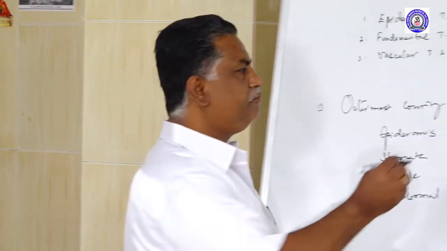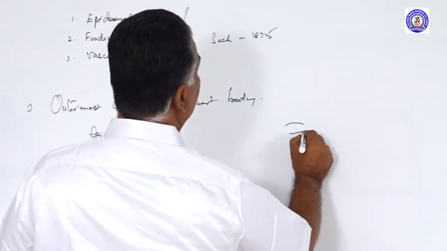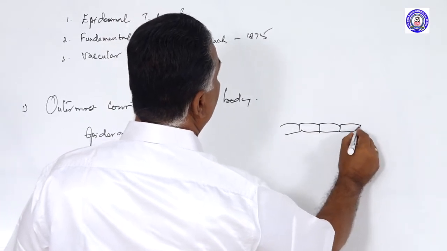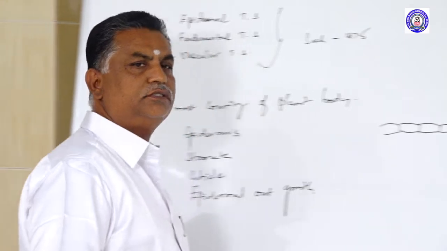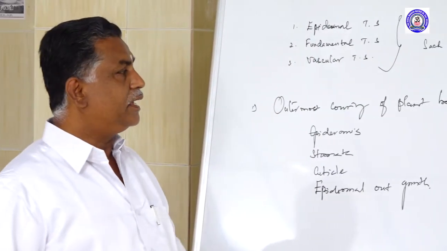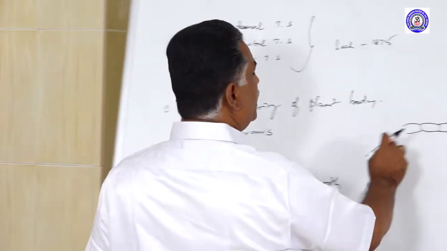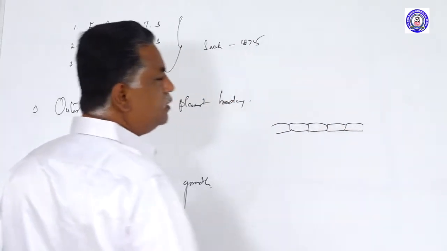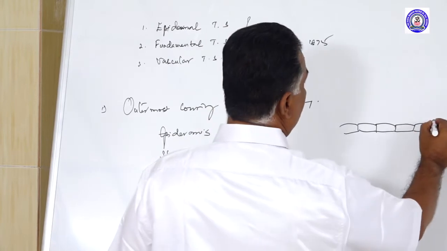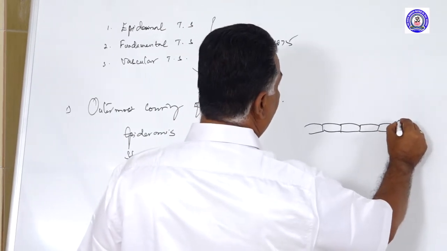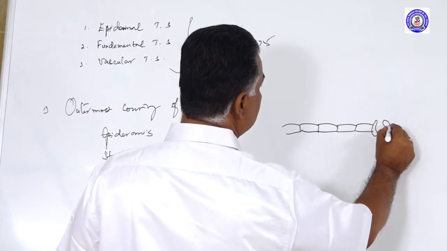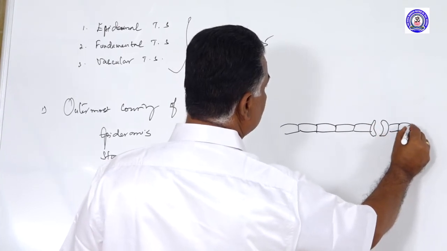So what is epidermis? Epidermis is a single layer of cells compactly arranged without any intercellular spaces. In the case of roots, the epidermal cells do not have any gaps, but in the case of stem, the continuity of the epidermis is interrupted by the presence of minute pores called stomata.